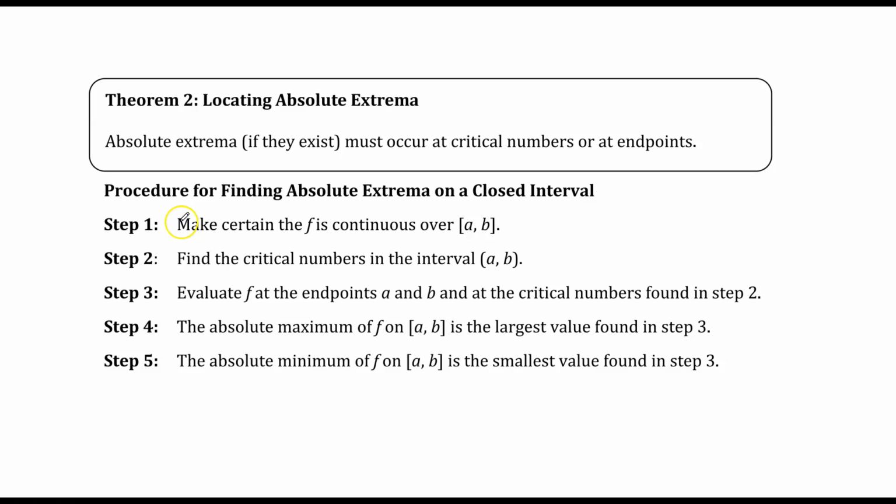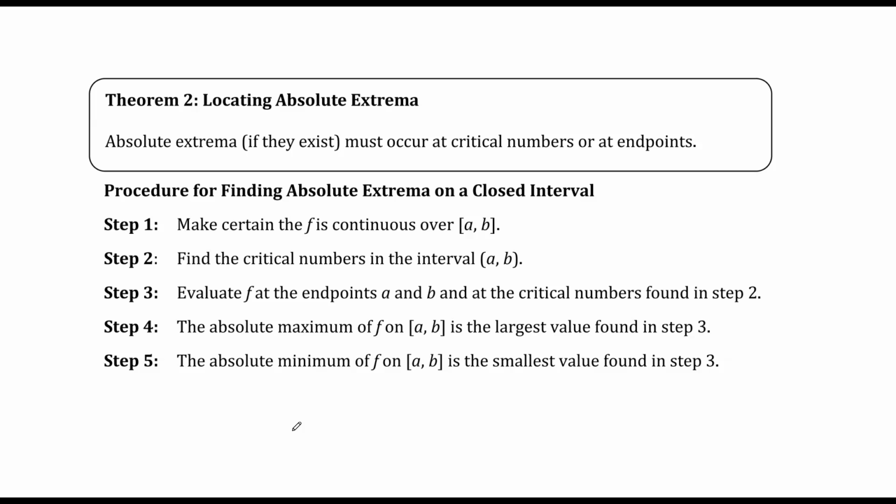So to find the absolute extrema on a closed interval, first, you have to make sure that the function is continuous over the closed interval [a, b]. Then you find the critical numbers that are on the open interval (a, b), and then evaluate the function at the endpoints of the closed interval and at the critical numbers that you found in step 2.